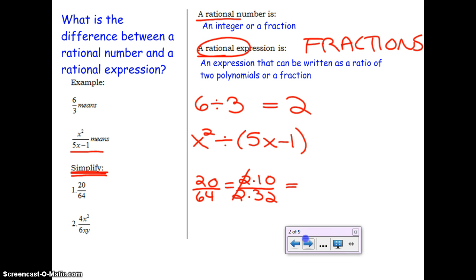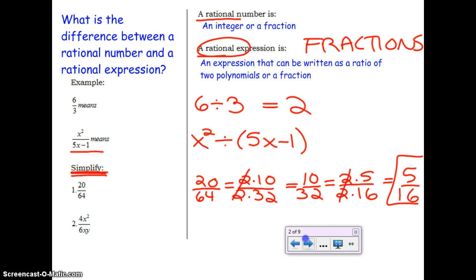So now I have 10 over 32. And I know I can still reduce 10 and 32. This could be 2 times 5, and this could be 2 times 16, and my 2's cancel again. So now I'm left with 5 divided by 16. Since 5 and 16 don't have any other common factors, that's as far as I'll go.